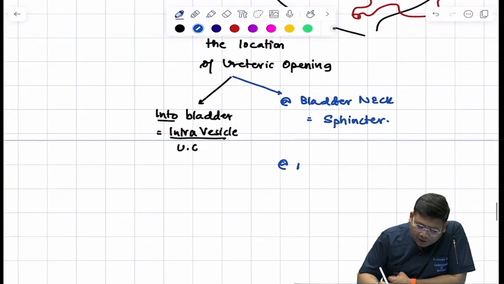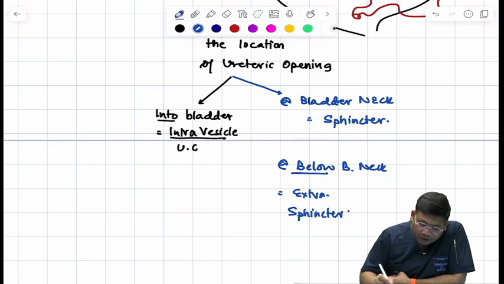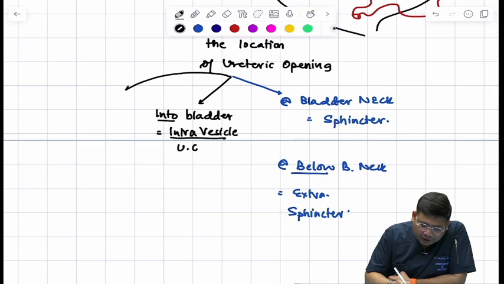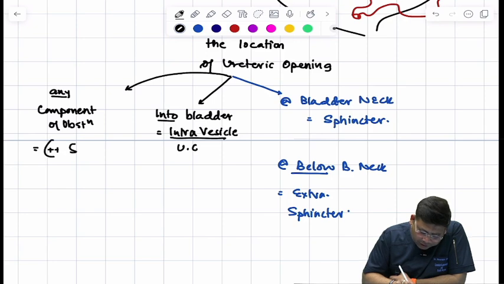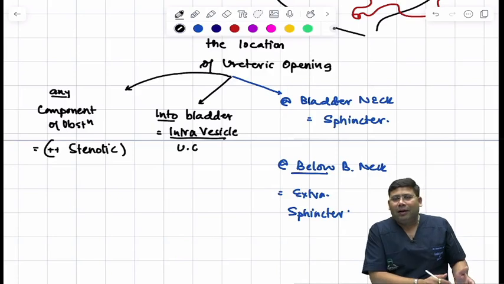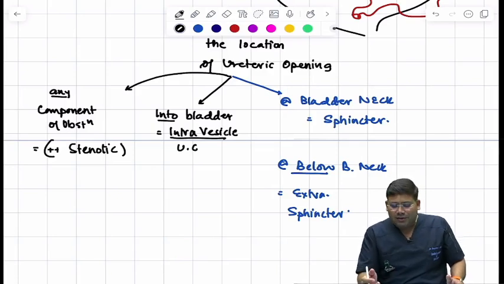If it is located below the bladder neck, then that is known as extrasphincteric or ectopic. Remember, if any component of obstruction is there, then that will also be added with what? Stenotic. So it can be intravesical stenotic, sphincteric stenotic, extrasphincteric stenotic type.